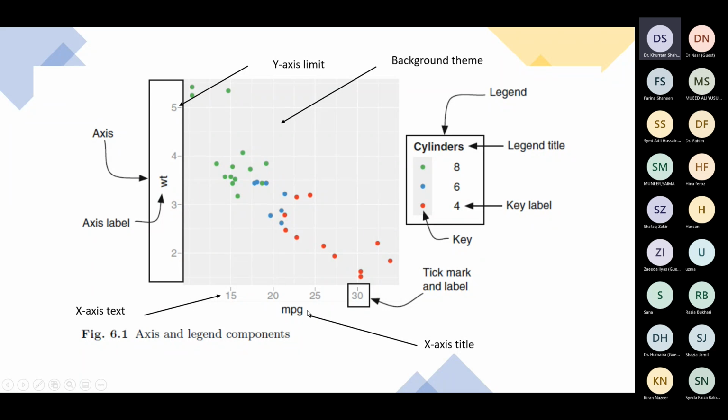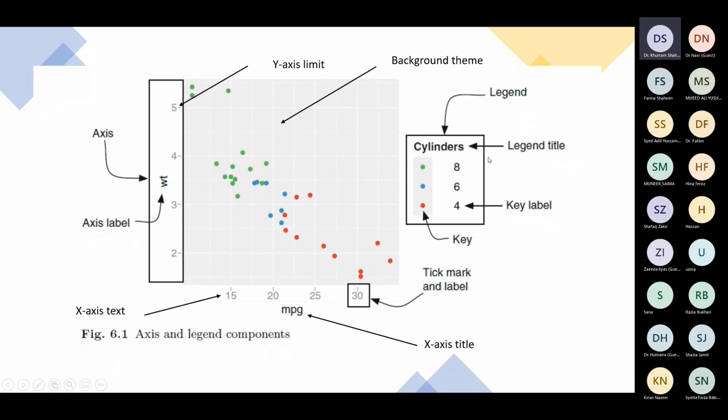So you have to give commands to our software for all these: for legends, for x-axis, for y-axis, for y-axis limits, and background themes. You have to give R all these commands, then R will understand. This is two factors data where you have cylinders and MPG.